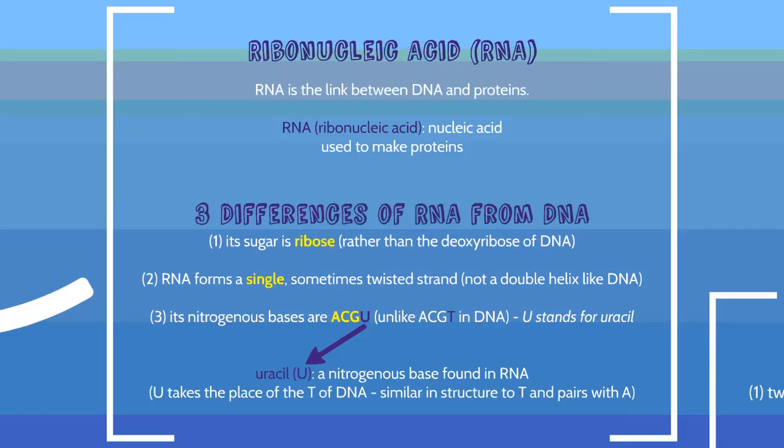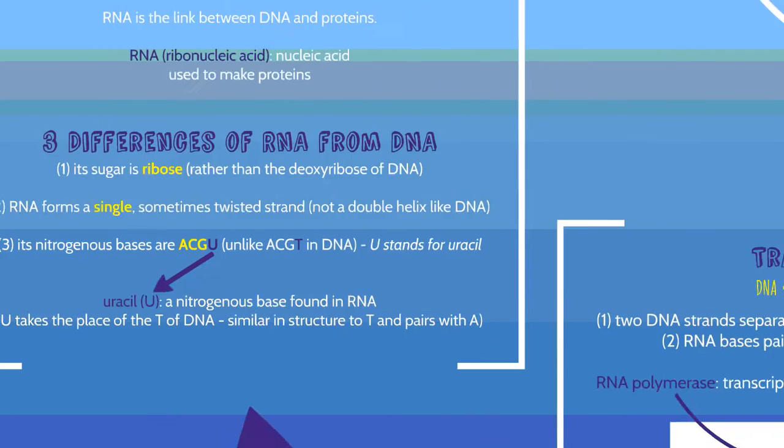RNA uses the sugar ribose. RNA is single-stranded and sometimes can be twisted, but it is different because DNA is double-stranded or has that double helix. And as far as our nitrogenous bases, in DNA we have A, C, G, and T, but in RNA we use A, C, G, and U. So we use uracil instead of thymine.